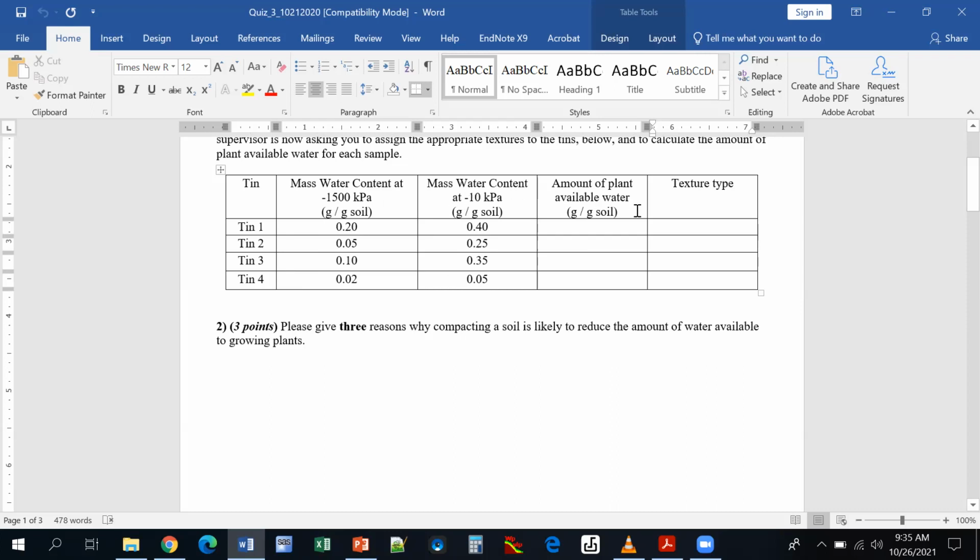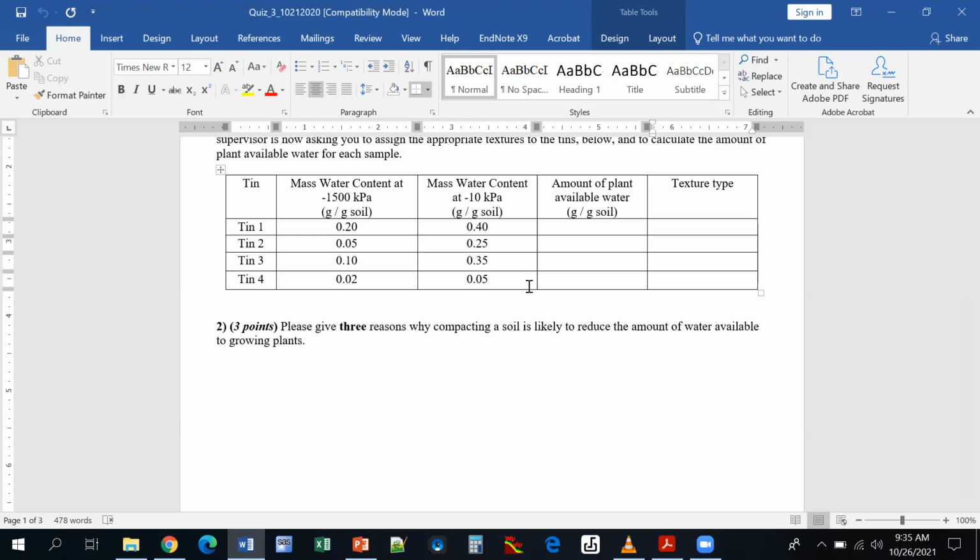And I think most people got that the plant available water is all the water that's in between those two pressure potentials. So all you had to do was subtract 0.2 from 0.4 in this case, 0.05 from 0.25, 0.1 from 0.35, and then 0.02 from 0.05. But you needed to know that to understand what we mean by plant available water.